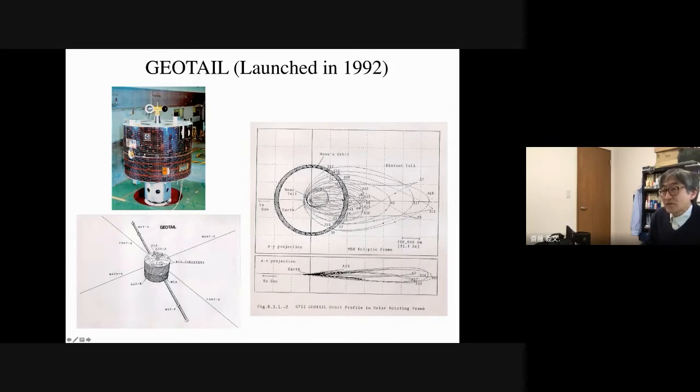Geotail first went to about 200 Earth radii in order to measure the plasmas in the geomagnetotail. After that, the spacecraft perigee is about 10 RE and apogee is about 30 RE, and it has continued observation for more than 25 years.